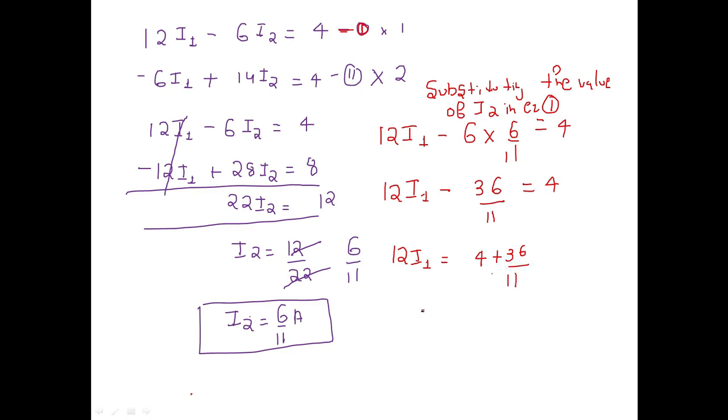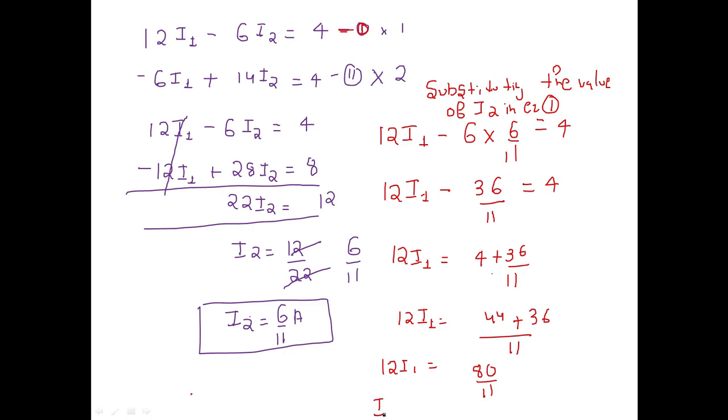If we further solve it, 12 I1 is equal to 44 plus 36 by 11, so 12 I1 is equal to 80 by 11.